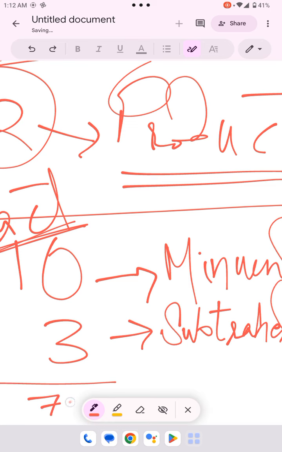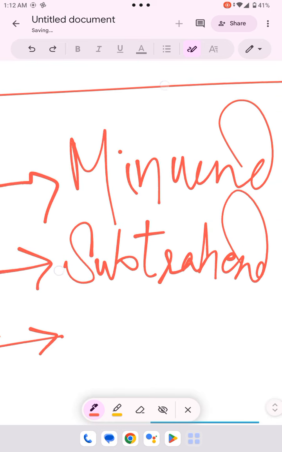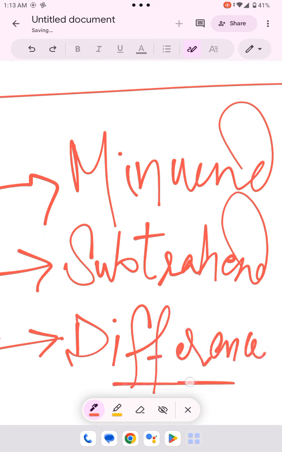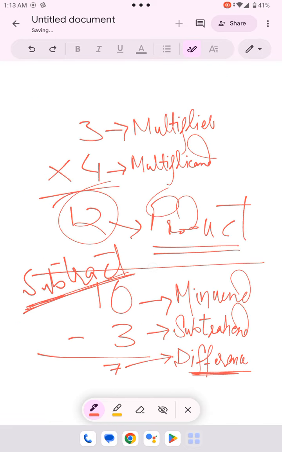So this 7 would be called the difference after subtraction. The answer after getting subtraction is called the difference. So these are the terminologies that I'm going to introduce you to, so that you might be familiar with them.